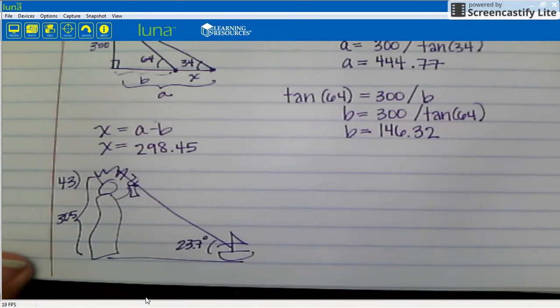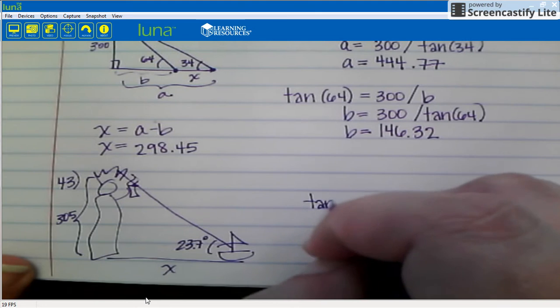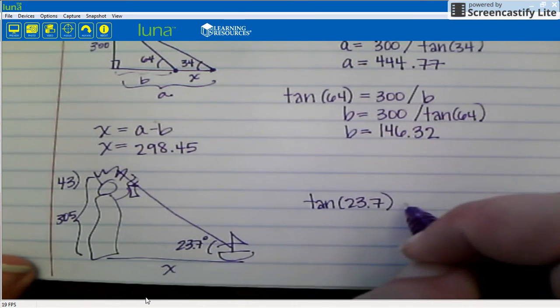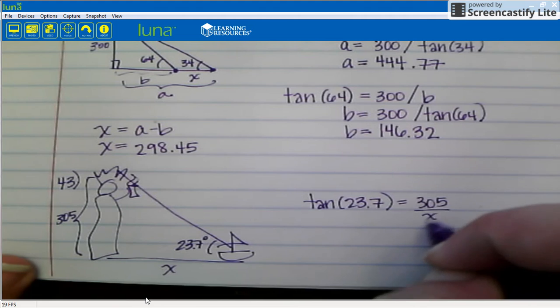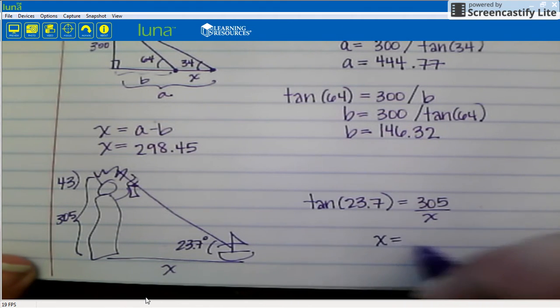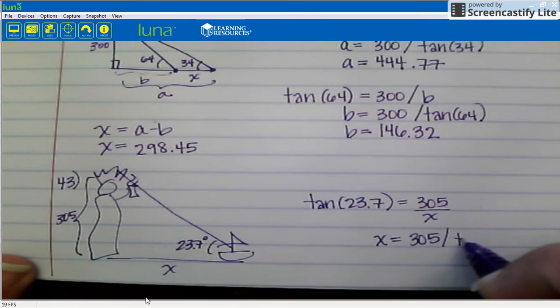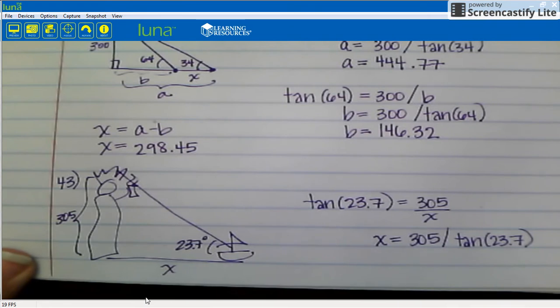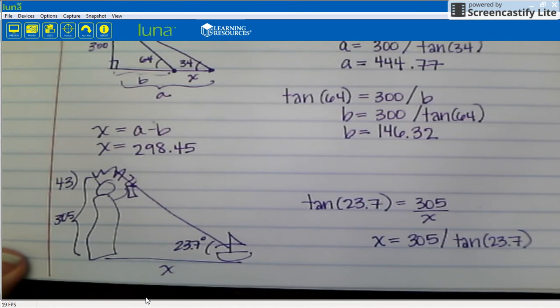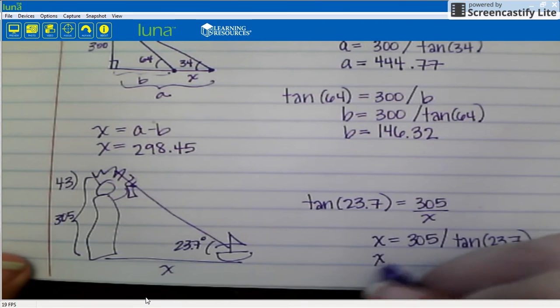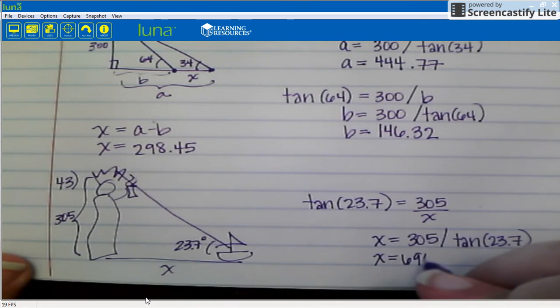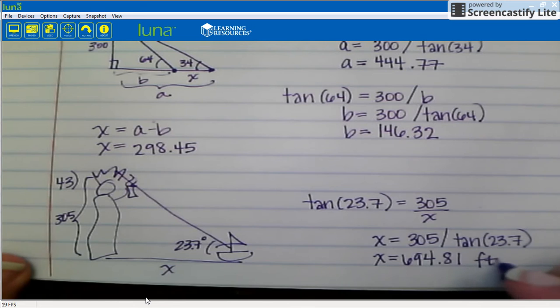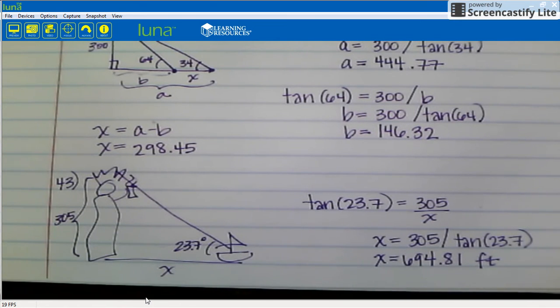How far away from the base of the tower is the boat? Well, we're going to use tangent. So I have the tangent of 23.7 is equal to 305 over x. So that means x is equal to 305 divided by the tangent of 23.7. So the boat is approximately 694.81 feet away from the base of the Statue of Liberty.